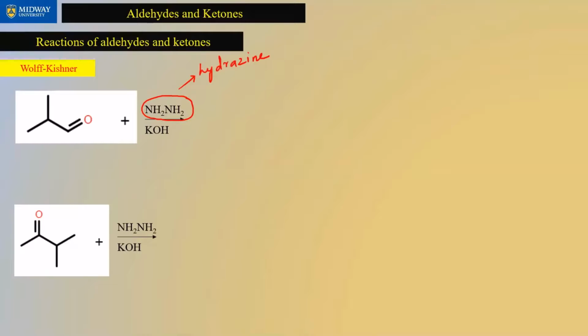So with hydrazine, all you have to do is replace this. With an aldehyde, we already had a hydrogen. I'm going to draw this for good measure. Just replace the double bond O with 2 more hydrogens.